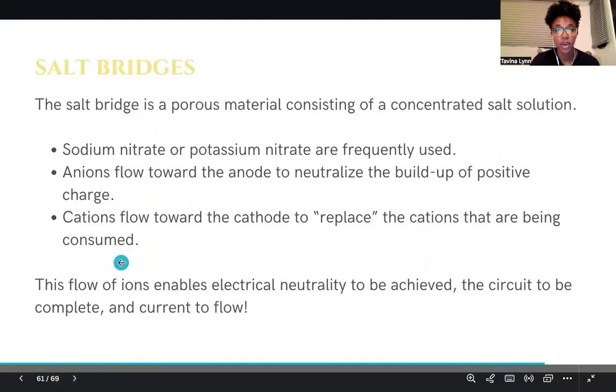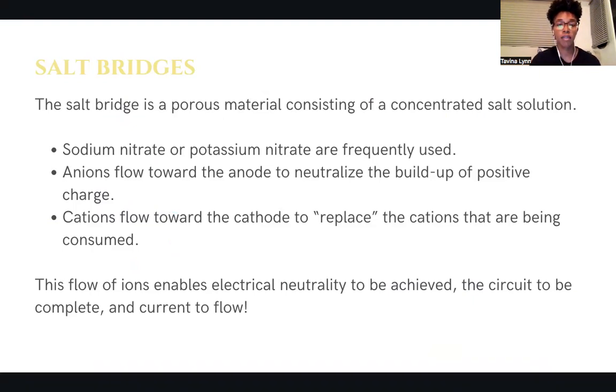Okay, so I've said this, but I want to make sure that there's nothing that I haven't said. So remember, the salt bridge is a porous material. It contains a concentrated salt solution that's usually sodium nitrate or potassium nitrate.